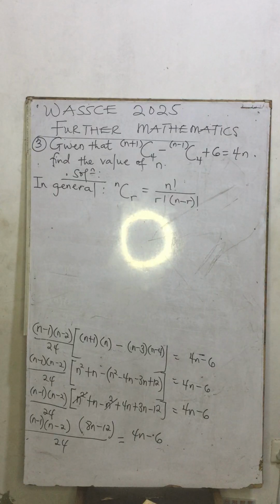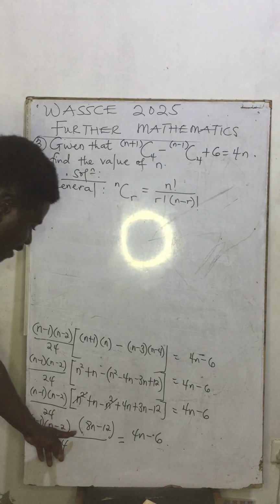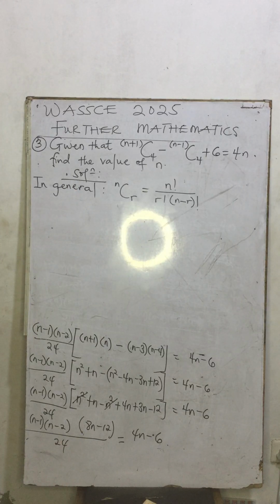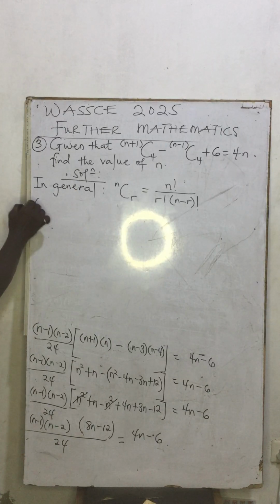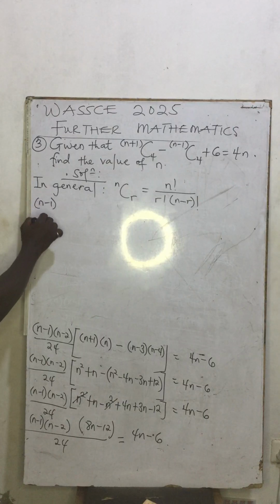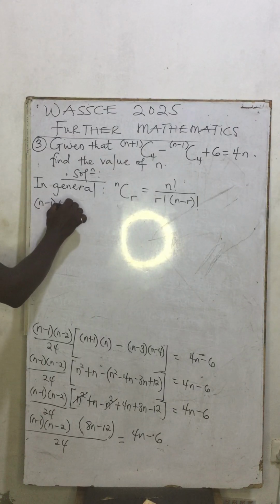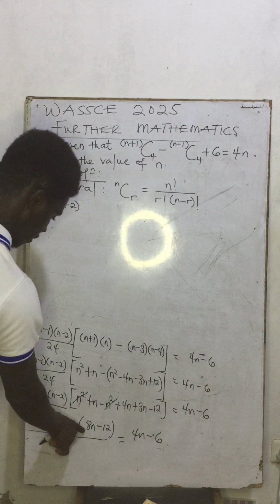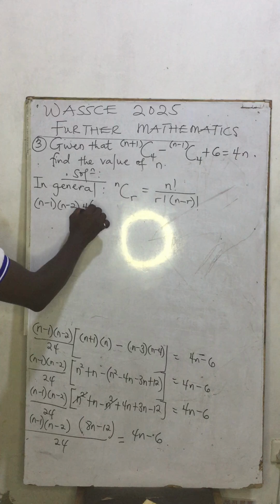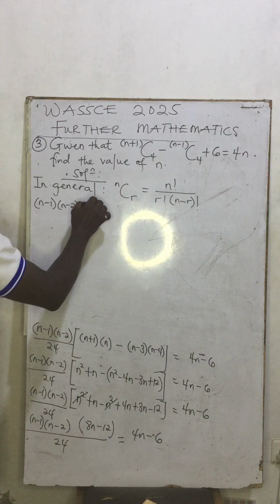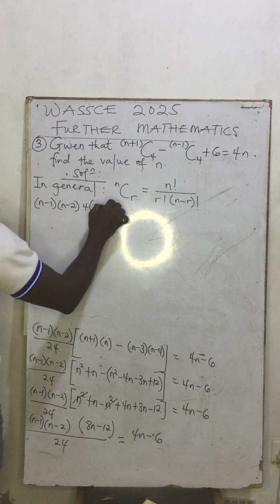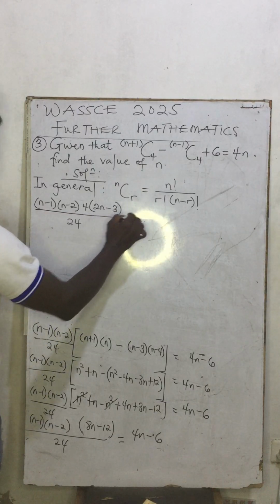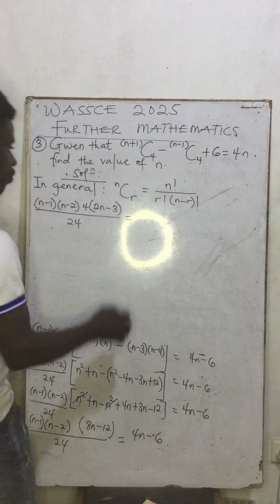So what do we do now? Now we can factorize 4 out here. So I have n minus 1 times n minus 2. Then we factorize 4 here. So 4 out, we get 2n minus 3 out of 24 is equal to, here we can factorize 2 out.